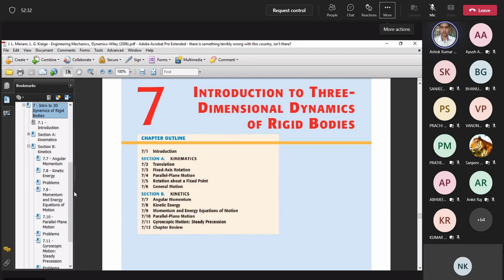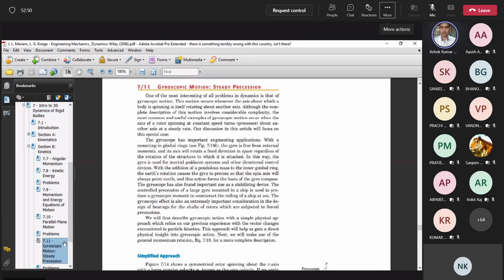But when you go on solving these problems, you will see the difficulty. You will see how involved this topic is. For example, we can go to the last section of this chapter, called gyroscopic motion, steady precession.